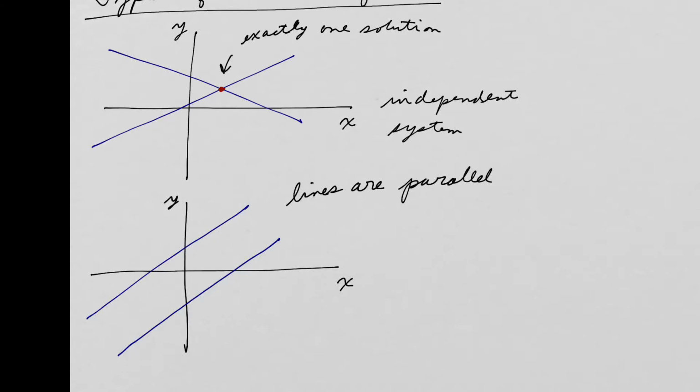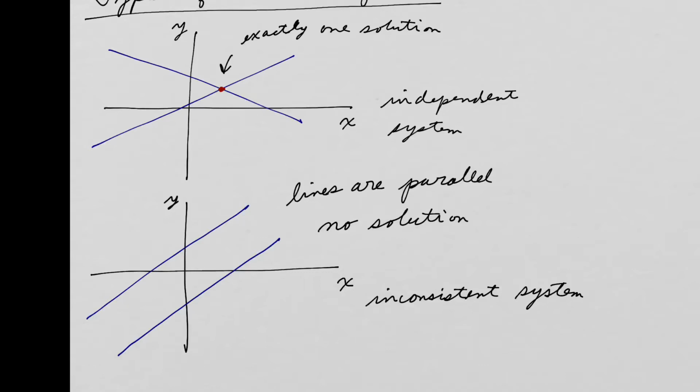So there can't be any point that satisfies both equations. So there's no solution. And as a system, we call this an inconsistent system. So inconsistent system means there's no solution. It means the two lines are actually parallel.